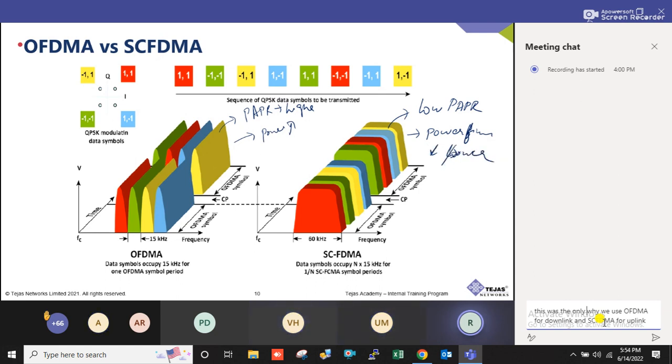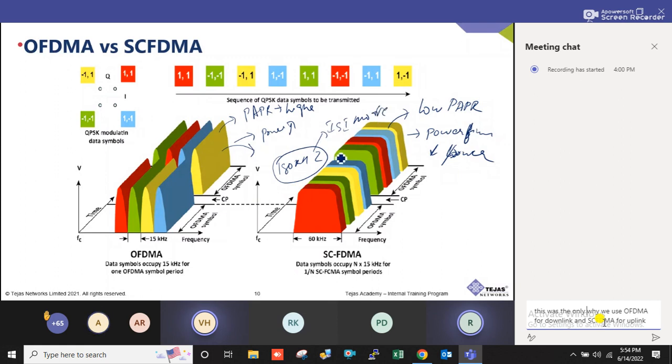Then why do we not use SCFDM in downlink? In downloading, why do we not use SCFDM? See, whenever we are doing SCFDMA, our granularity will be somewhere around 180 kilohertz. Then I want to ask what are the drawbacks of SCFDM? The drawback is that whenever we are doing 180 kilohertz, our ISI will be more, isn't it?